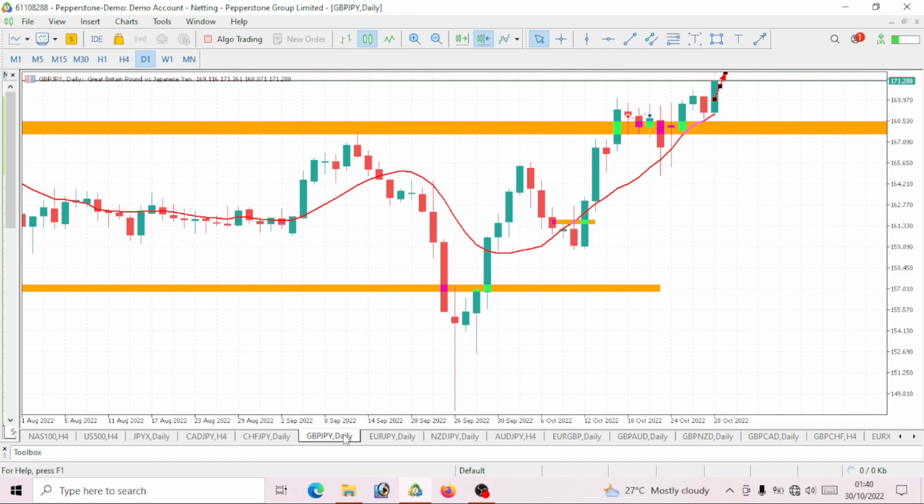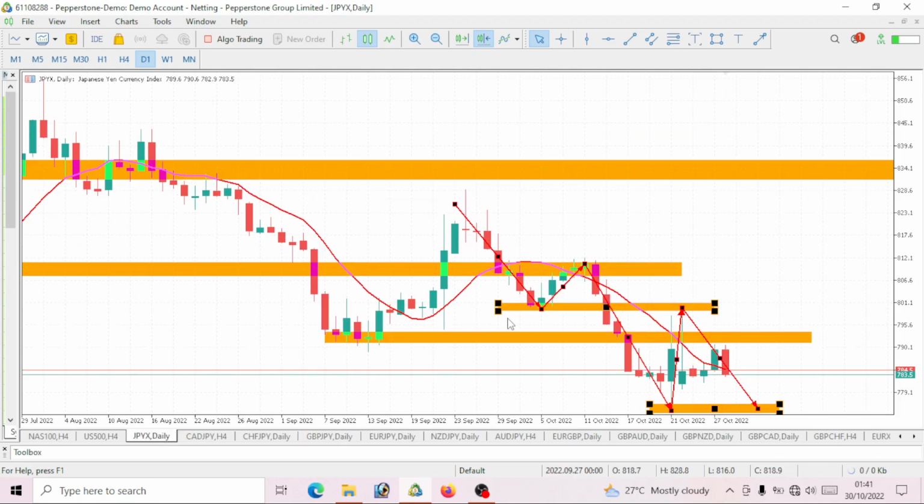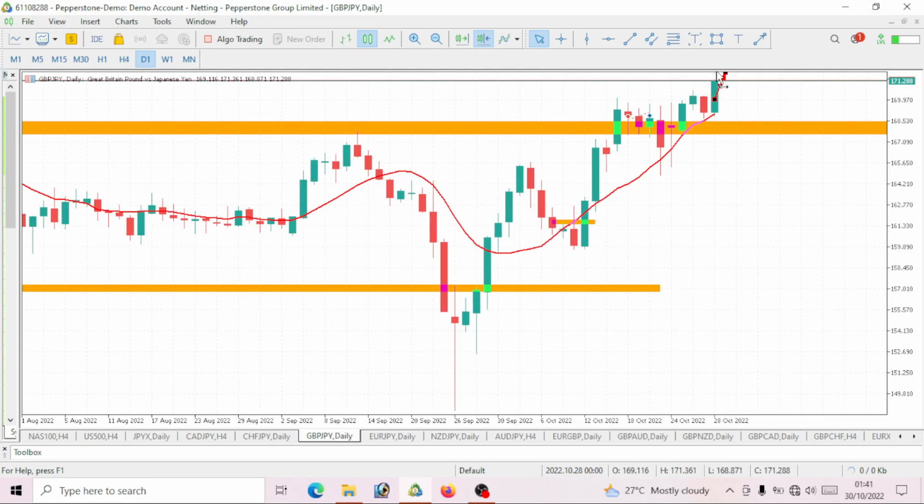So once you compare this GBP to JPY, when you take a look at these GBP pairs that are giving us a bullish move, and you take a look at this JPY index which is giving us a bearish move, and we expect it to drop further down, it is very simple that we would still continue to go bullish. So expect a good amount of bullish move on Monday, Tuesday, and Wednesday on GBP JPY.